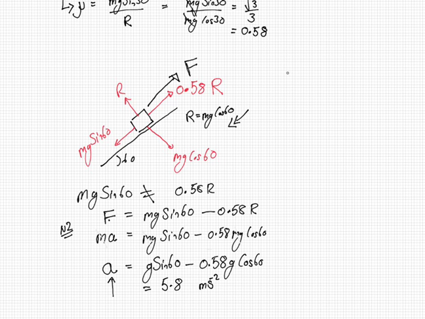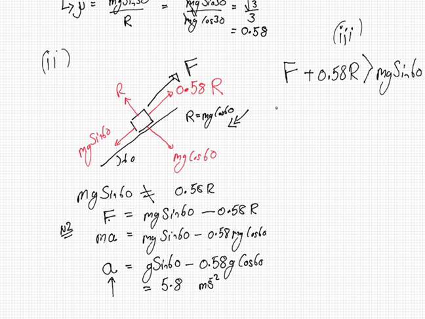In this situation, what you would need is F. Push or pull? I think it's a push. Well, sorry, it doesn't matter really. Just upward force. F plus 0.58 R needs to be bigger than mg sine 60. This is part 3 of the question, and this was part 2.